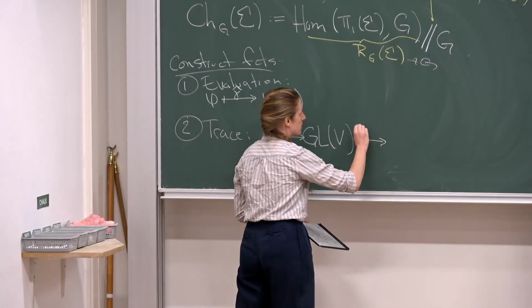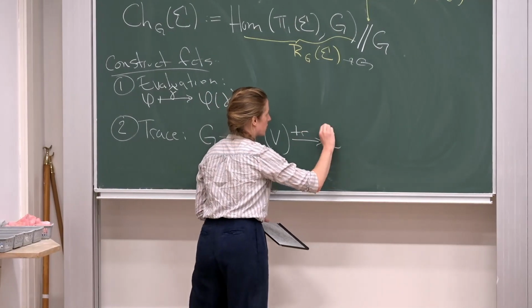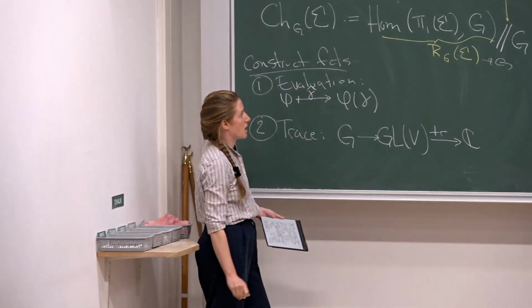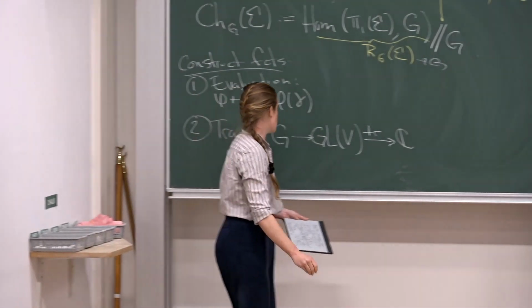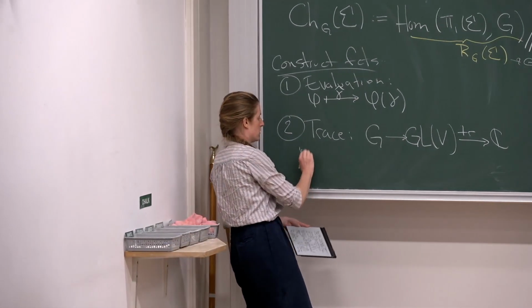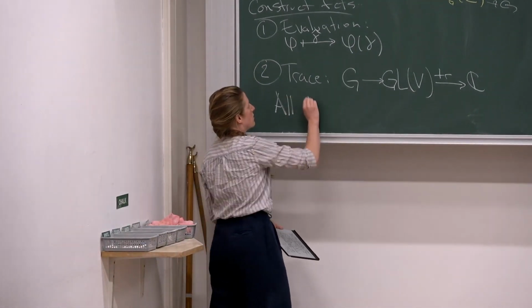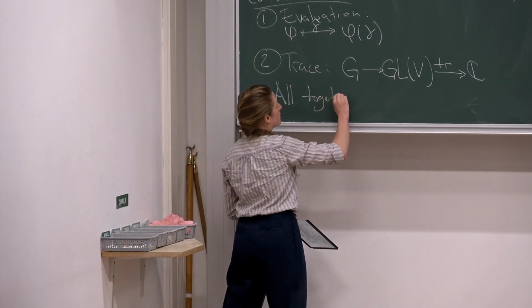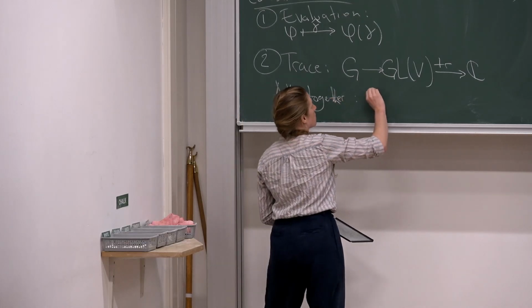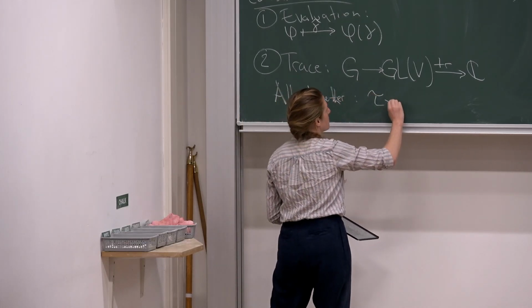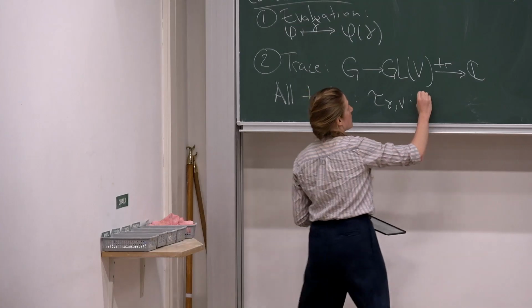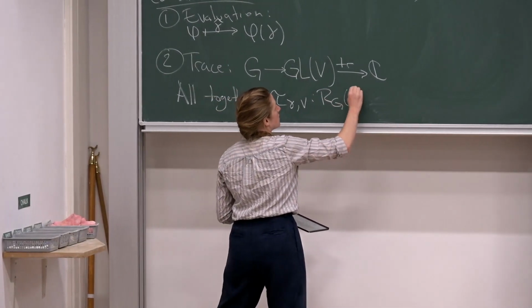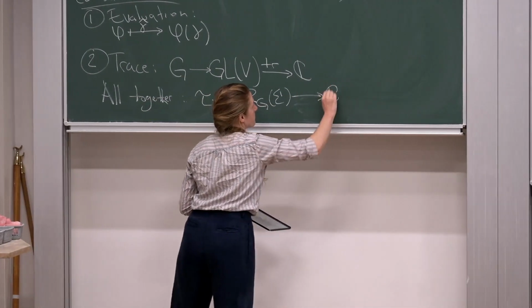And then from here, I have just some trace function. Okay, and let me just make some notation altogether. Let me just call these tau gamma v, and this goes from RG sigma to C.